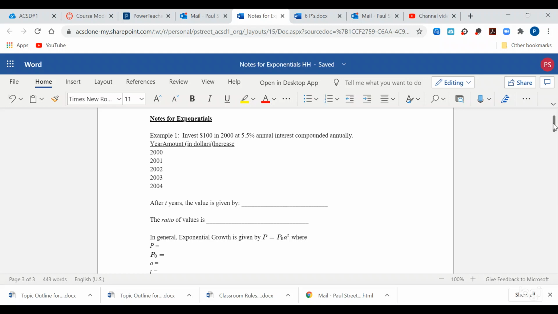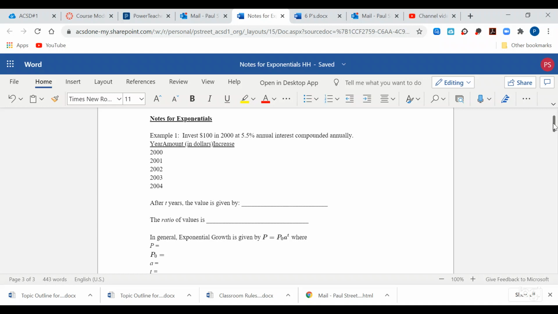So we're going to get the $2,000 that we started with, plus we're going to get 5.5%, which is going to be 0.055 times that 2,000. That's going to be the interest that we're going to earn. But we're going to do a little algebra on that. So we're going to factor the 2,000 out because we're going to try to build on this here.